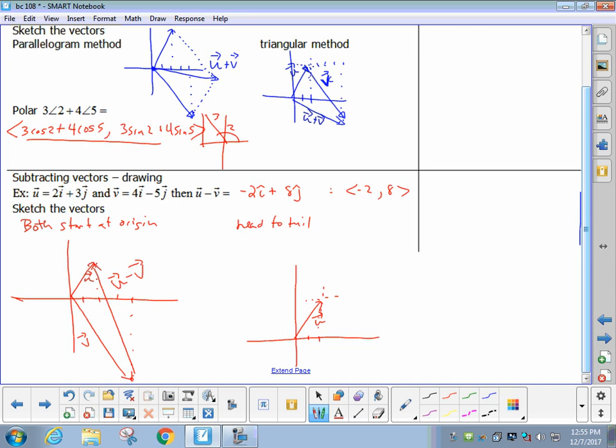So negative v, instead of going right 4, down 5, I'm going to go left 4, up 5. That's negative v. And then where is the combination u minus v on the picture? From the origin to there would be left 2 up 8. Here's u minus v. Okay?